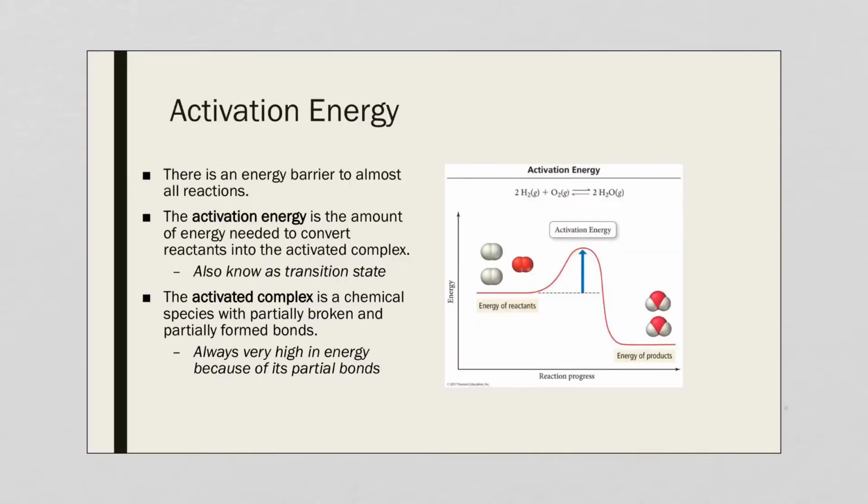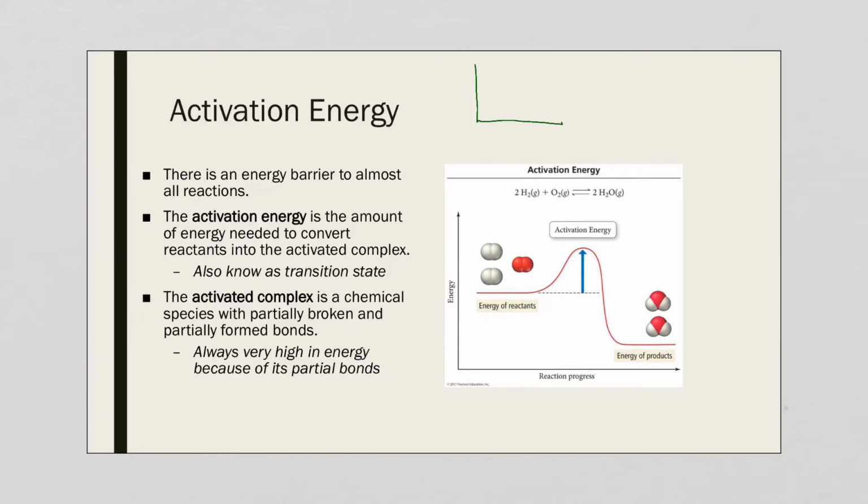So let's start by looking at the activation energy. If we come back to our reaction diagram, you might remember these from last semester, where we used them to illustrate exothermic and endothermic. But they looked maybe a little different. So this is an exothermic one.